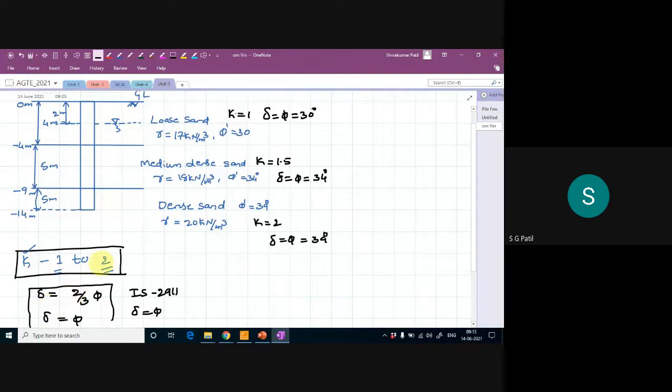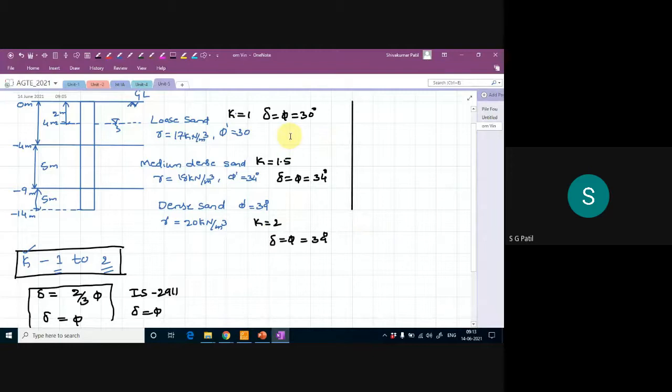Once we know the parameters, next I need to calculate the overburden pressure. To calculate overburden pressure, I'll draw a line here, up to the tip of the pile. The pile tip is here.